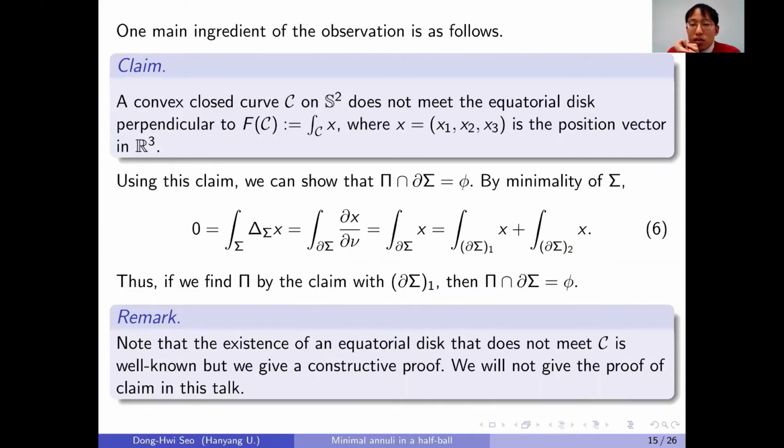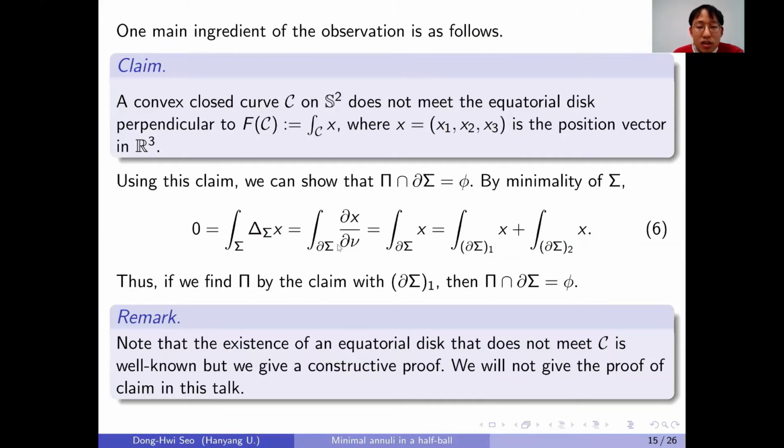And by minimality, the sum of the flux vectors along all the boundary components should be 0, because we have harmonicity of the coordinate functions, so by Stokes' theorem, the integral of the normal derivative of the position vector along the boundary should be 0.